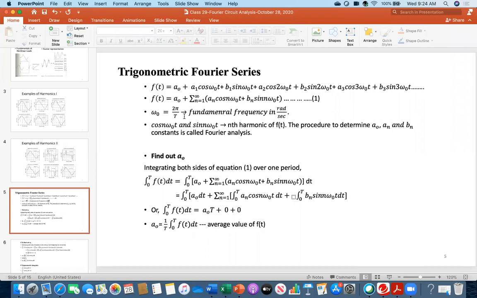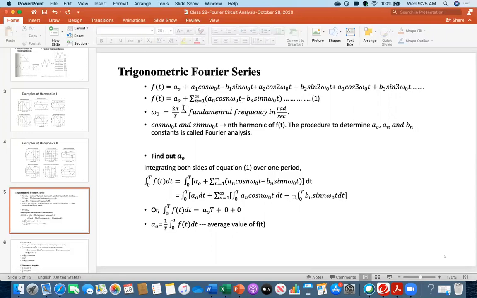Now you have a signal f(t) and you want to decompose it with the help of the Fourier technique. You know that cosine and sine are trigonometric functions, but a n and b n are constants, and definitely a naught is also a constant. So how to get a naught, a n, and b n?